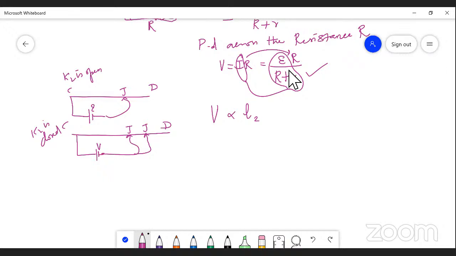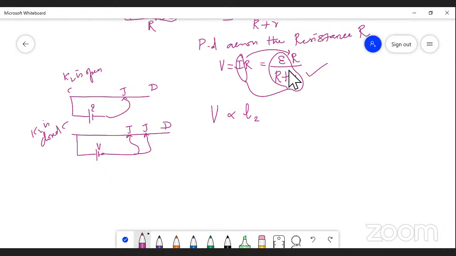In the second case, by closing the key K2, we are introducing the external resistance R in the circuit. So the cell's EMF cannot be discussed here; instead, its potential difference has to be considered. V is introduced, so V will be directly proportional to the balancing length L2 by adjusting the position of the jockey over the potentiometer wire. When the potential difference is balanced on the potentiometer wire, the balancing length L2 will be obtained.